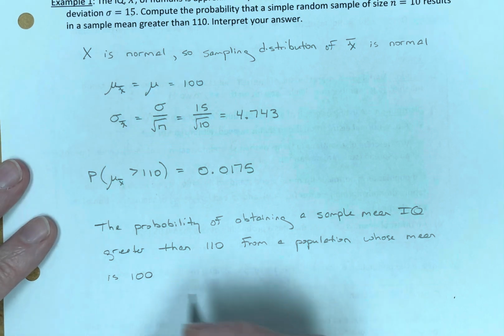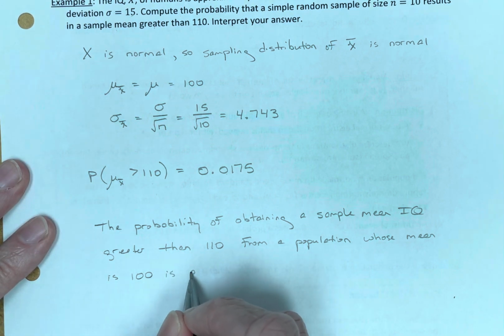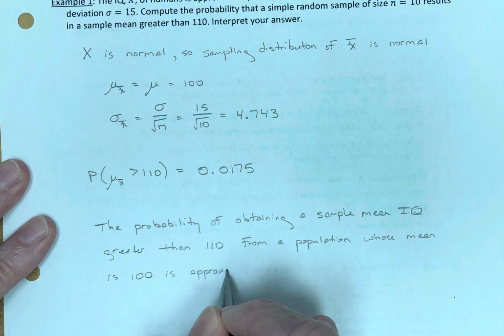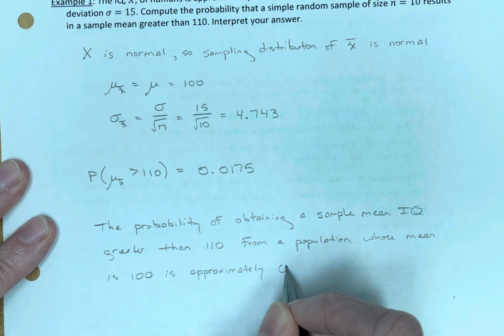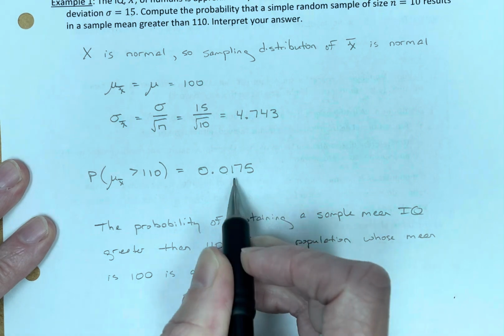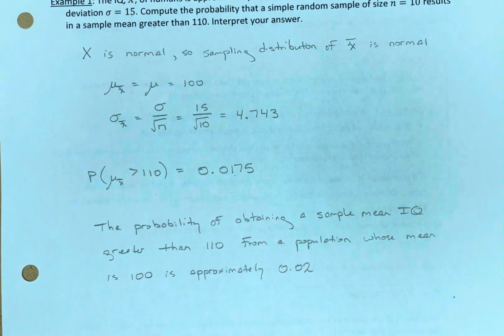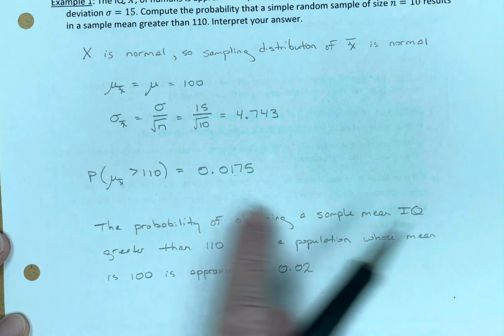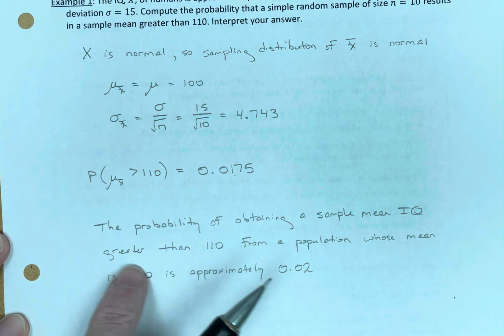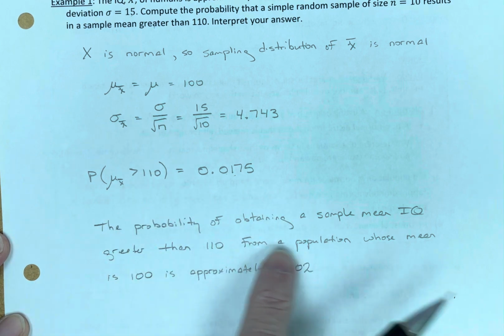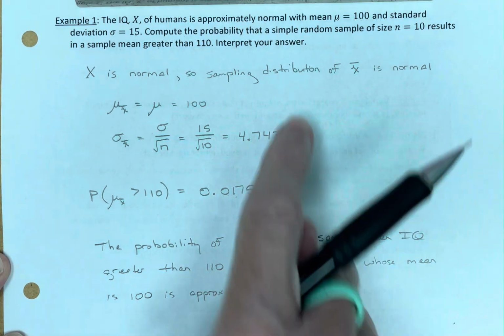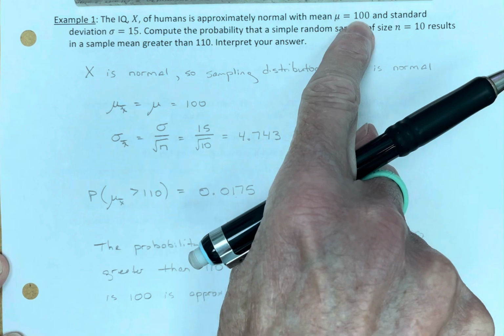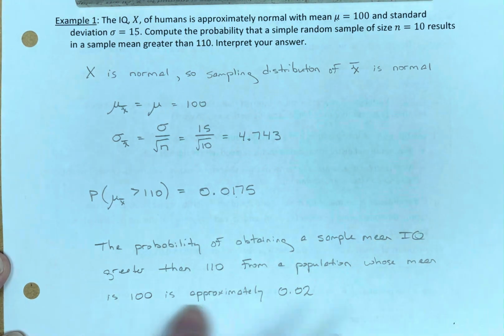It is approximately 0.02, obviously rounded to 2 decimal places. So the probability of obtaining a sample mean IQ greater than 110 from a population with a mean of 100 is pretty small at 0.02.